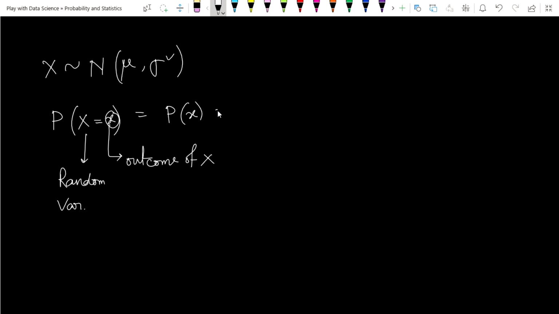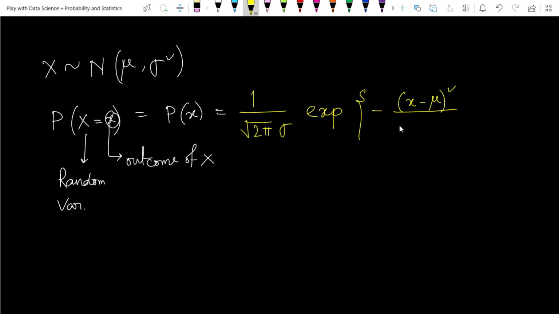So the equation of this normal distribution looks like this: 1 by root over 2 pi sigma, exponential of minus (x minus mu) whole square divided by 2 sigma square.